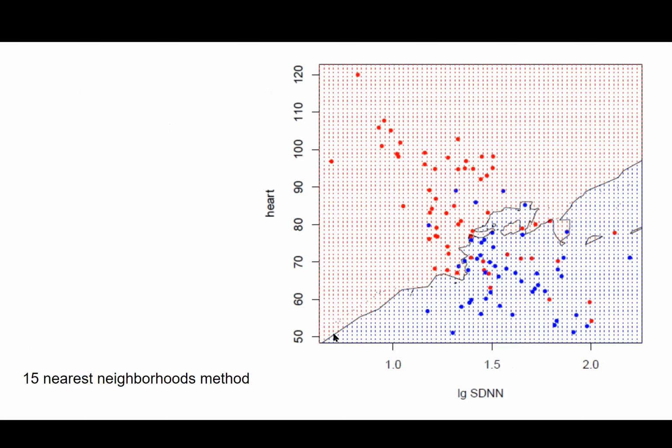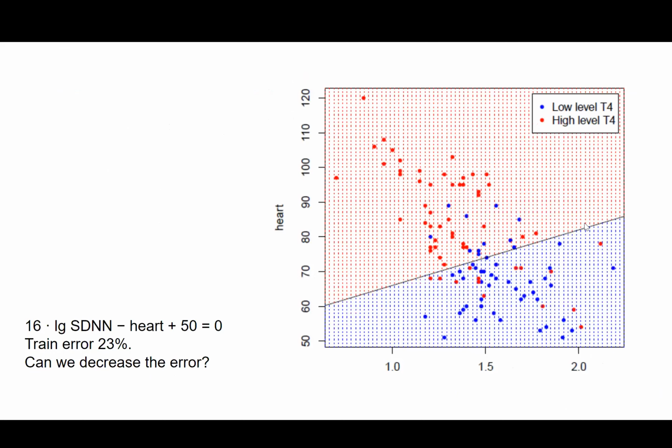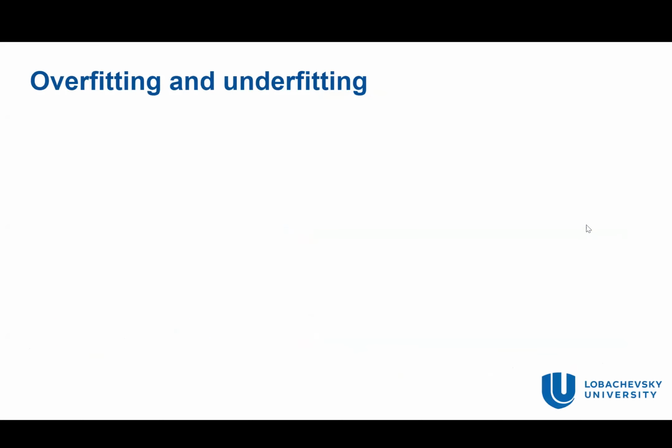Here we have a simpler decision function, a simpler border between two classes, and this decision function will work better. Here, the same situation: we have a rather simple decision function, a simple decision boundary, and we have no overfitting here.